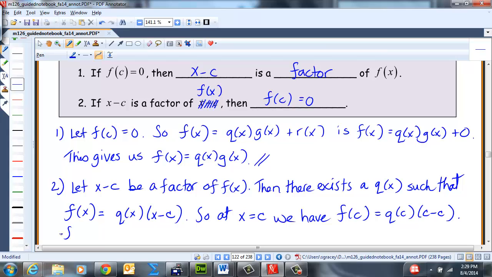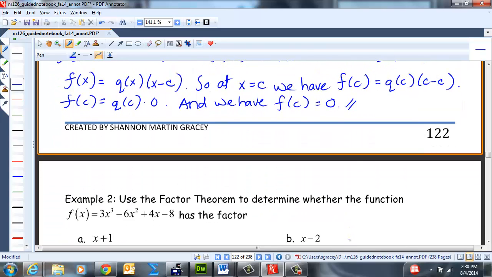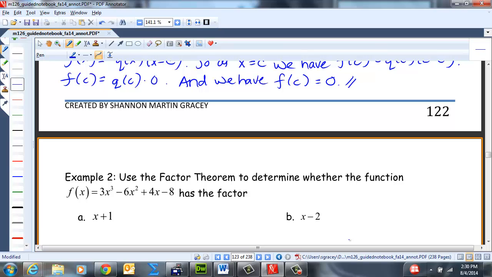So this gives us f at c is equal to q at c times 0, and we have f at c equal to 0, which is what we were looking to show. All right, so there we go. A nice little math proof to brighten up your day.